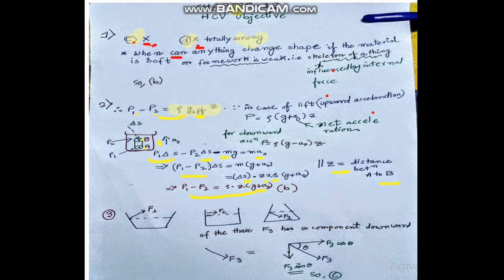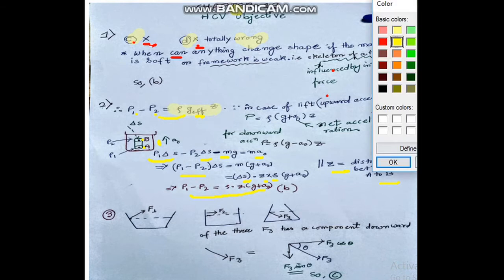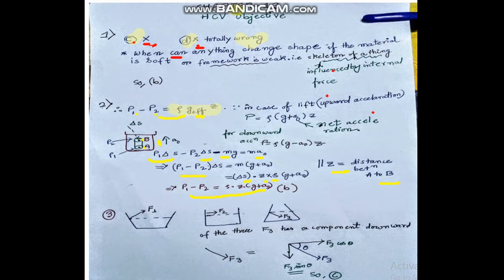Okay. Now coming to third question. We have 3 vessels. Let's consider this force as F1 because this is the normal direction. This will be F2 in this direction exerted by this vessel, and for this it will be F3 in this direction.